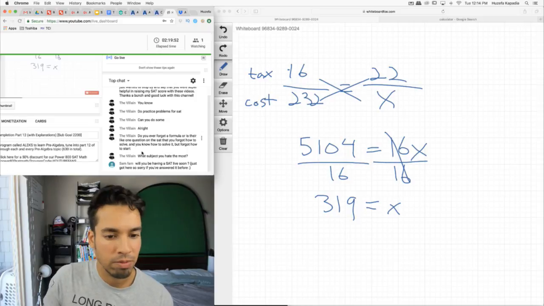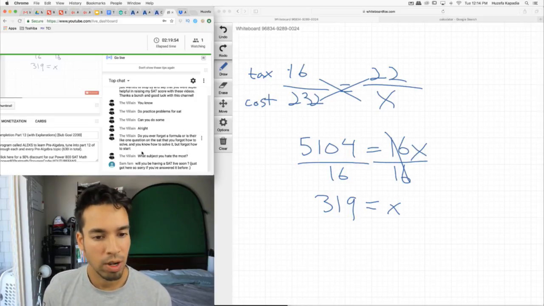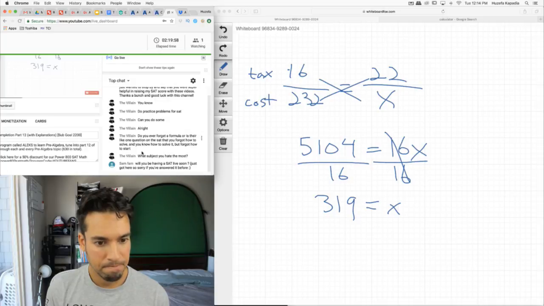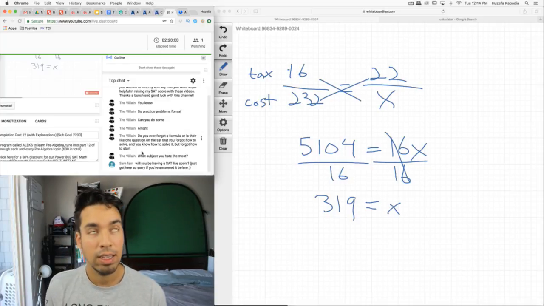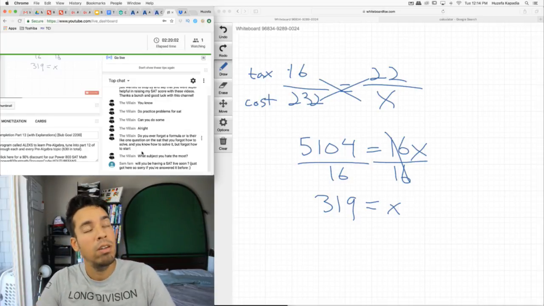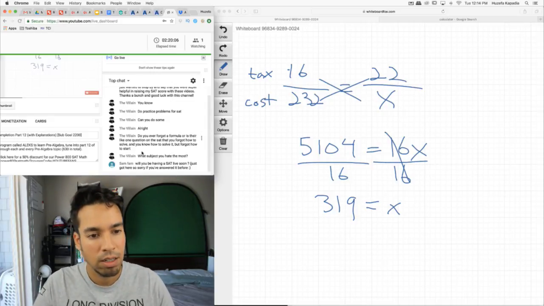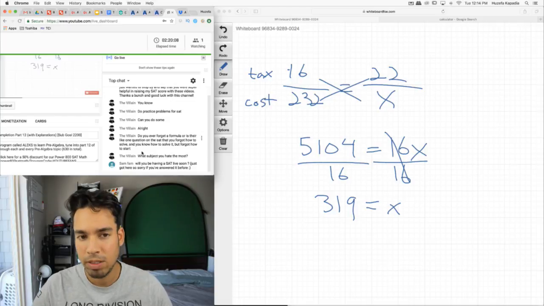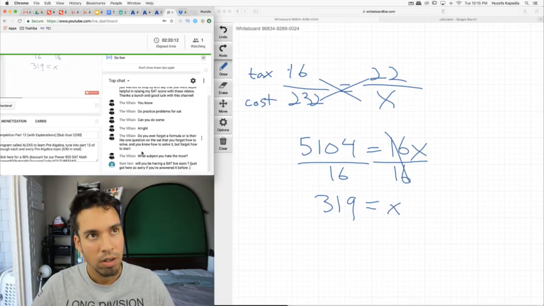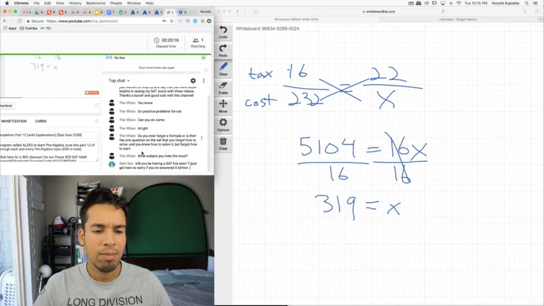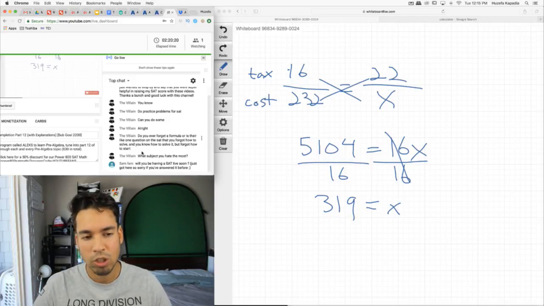Just to answer this question from the villain, do I ever forget a formula? Yes, I suppose. I mean, on the SAT stuff, I guess I don't forget any formulas there. And the only really tricky formulas, if I do forget them, they're provided on the front page of the SAT. But I've been practicing this stuff a lot for the last 5 years, so I don't really forget the formulas so much anymore.